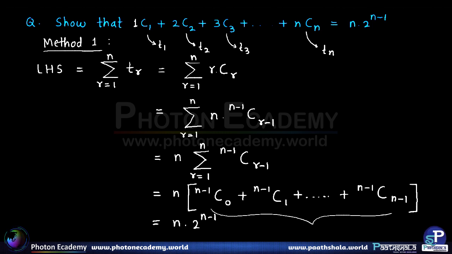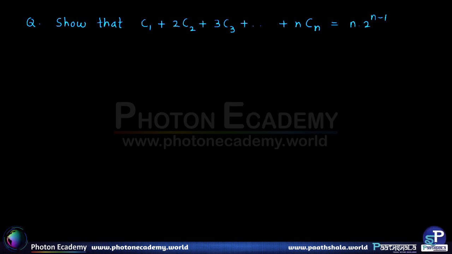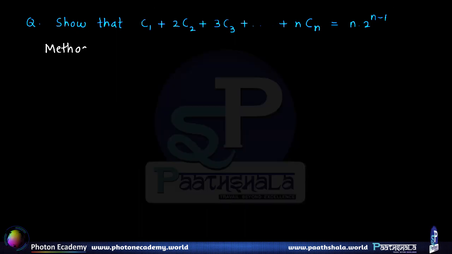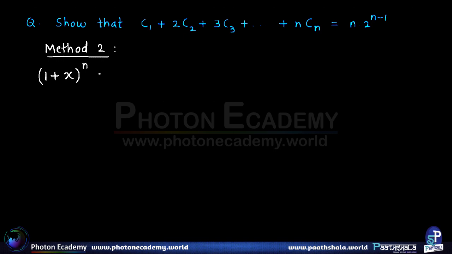Now let us see how we can prove the same thing by a totally different approach, that is using the calculus method. So let's see the second method, method 2. Now here we will use the differentiation process to prove the required statement. So for this, we will consider a basic series of 1 plus x whole raised to n.